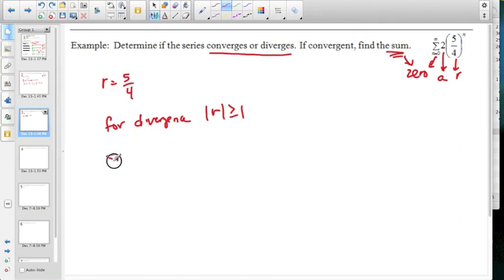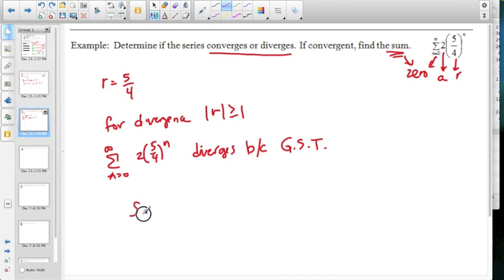So we know that this series of 2 times 5/4 to the n diverges because of the geometric series test, which means then we can't really find the sum. We can't calculate anything. We know the sum is infinity, but we don't really calculate it. In fact, what we just say is the sum does not exist because it's not a finite value.